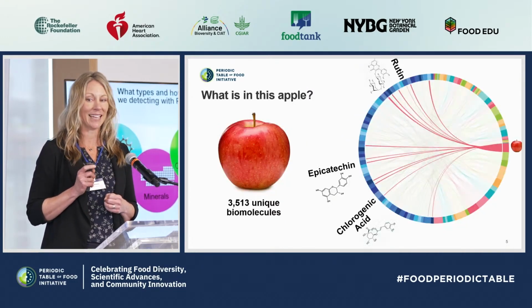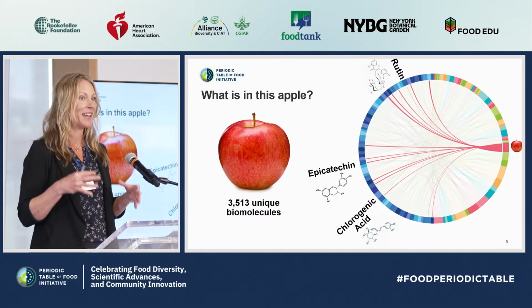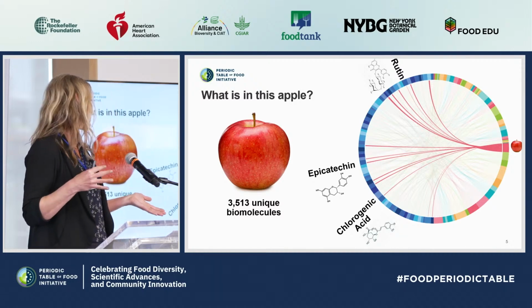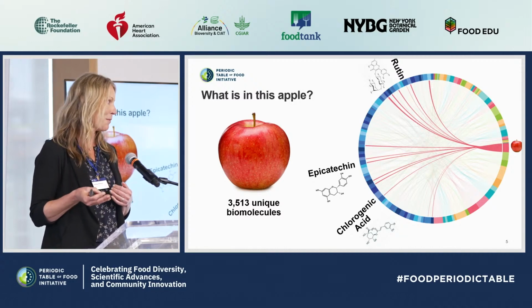With this data in hand, now we can start to zoom in and ask really specific questions about the biomolecular composition of a given food. So what is in this apple? In this apple, we detected 3,513 unique biomolecules.